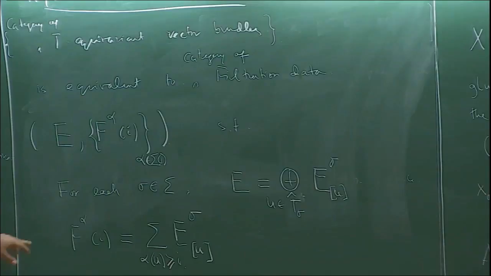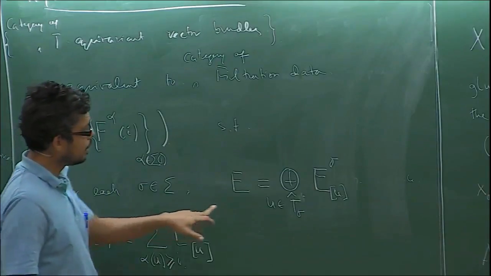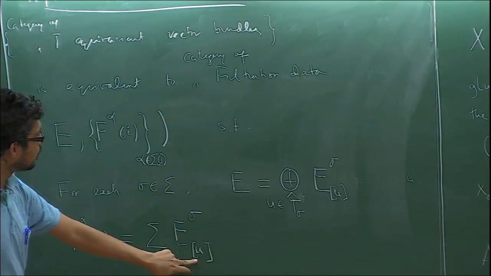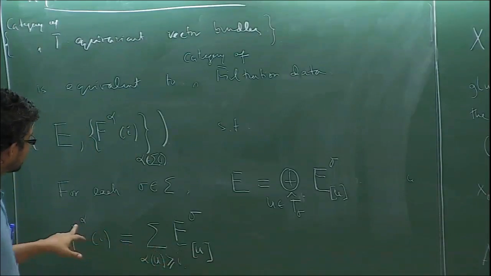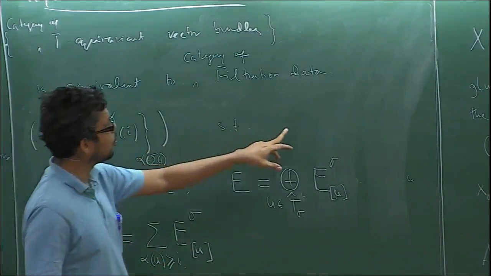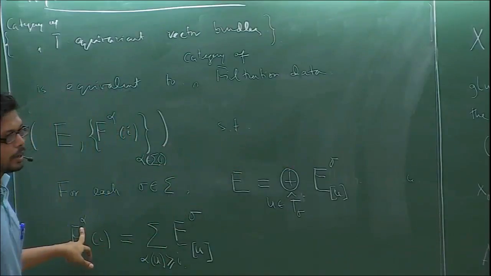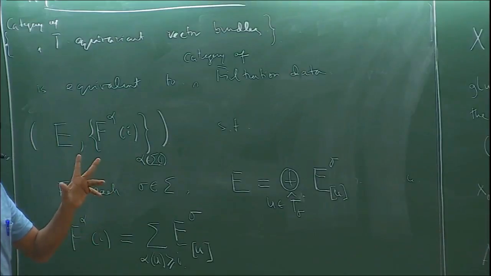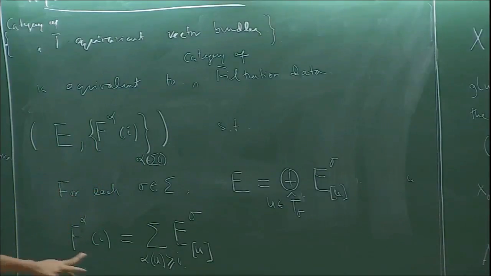See, these are characters, and alphas are one-dimensional cones, so you can identify them with the co-characters. And there is a bilinear pairing between character and co-character. So that is the bilinear pairing.